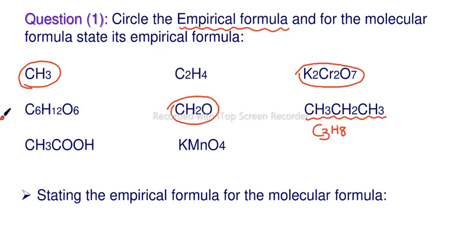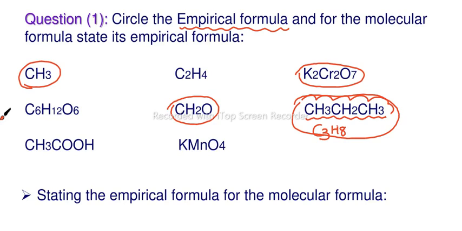Now I can answer my question. Is it an empirical? Definitely it is an empirical. So I'm going to circle it another time. So it's so important if you have a hydrocarbon compound, in order to decide whether it's an empirical or molecular formula, firstly rewrite the formula, then decide.